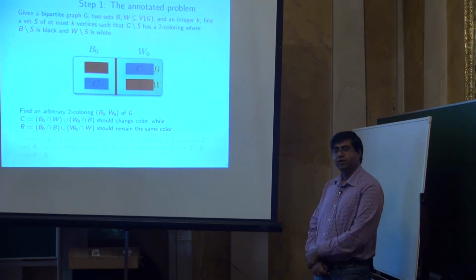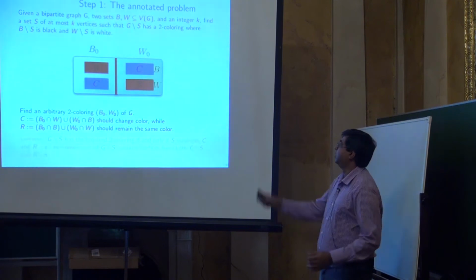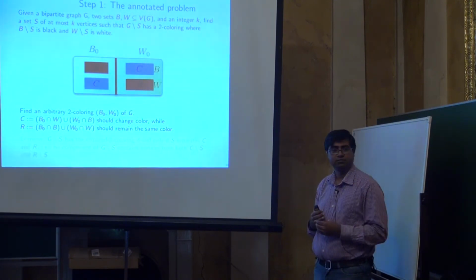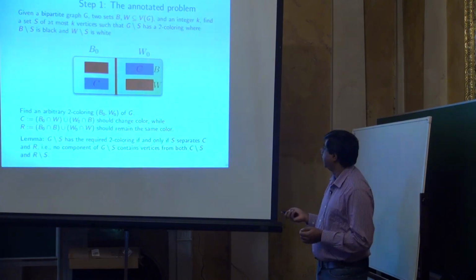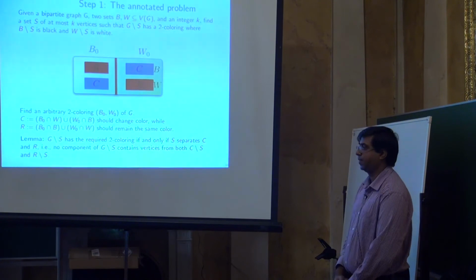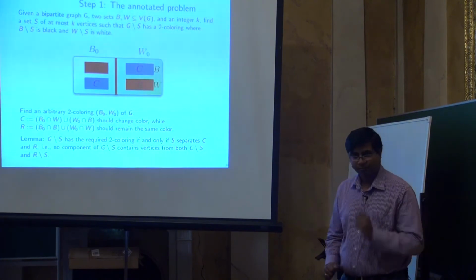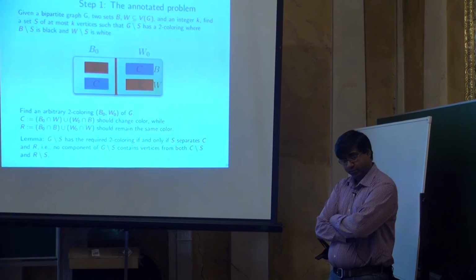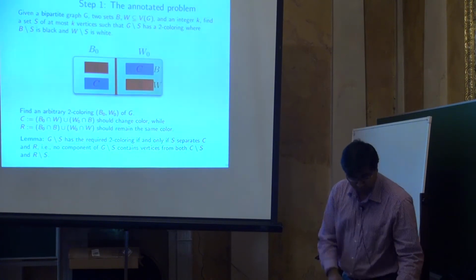Now we have to find a condition which says that such a coloring may exist if and only if certain things happen. Okay, and here it is. What is it saying?